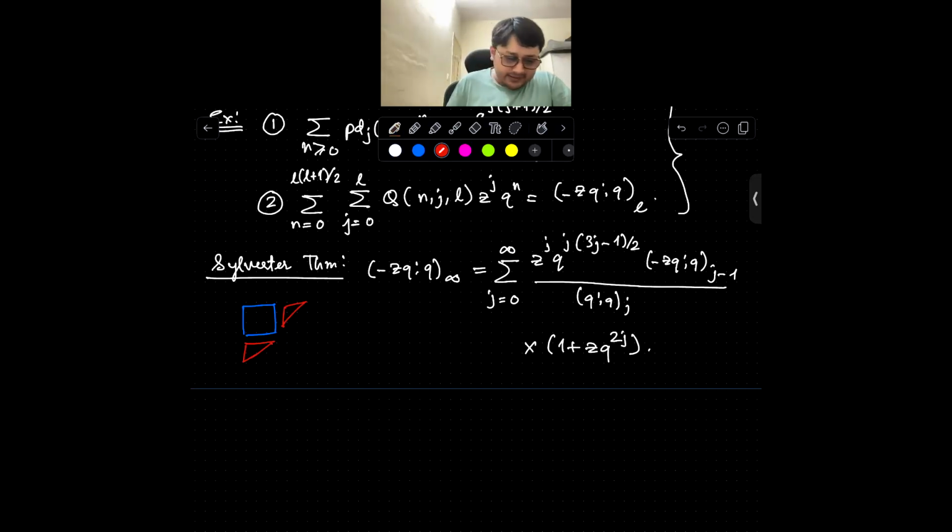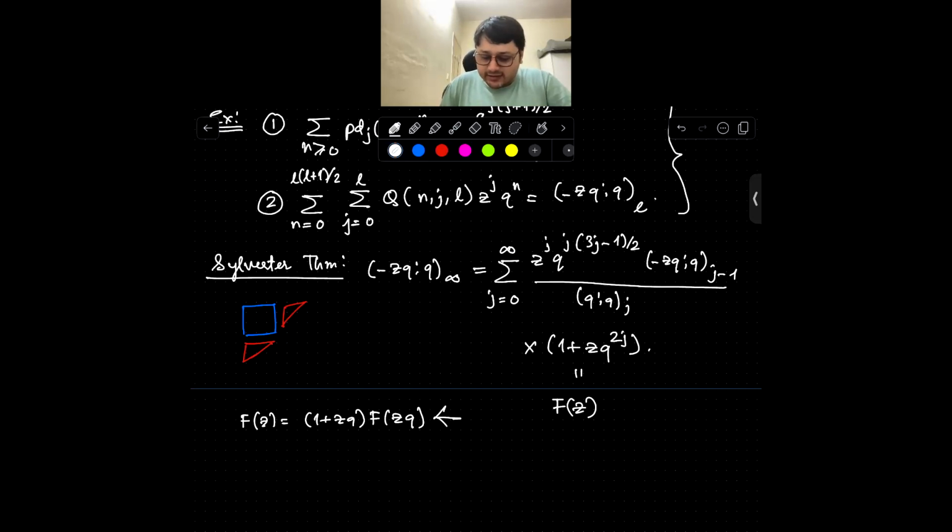But there is a simple analytic proof, and it is easy to say. If you denote the sum side by f of z, then you can write f of z as 1 plus zq times f of zq. Once you see this, you just iterate it.